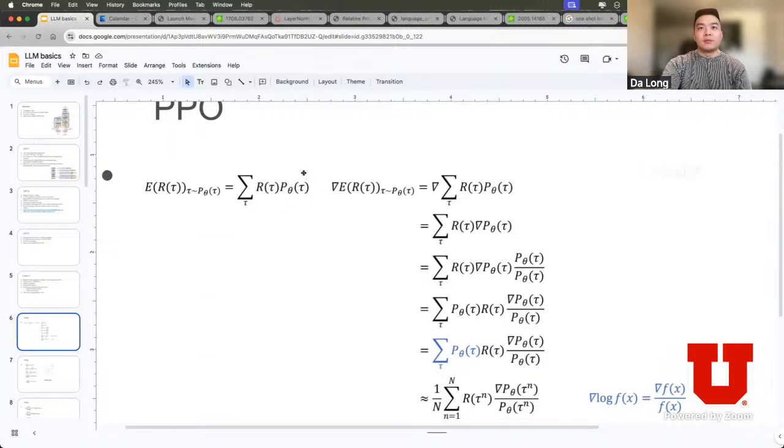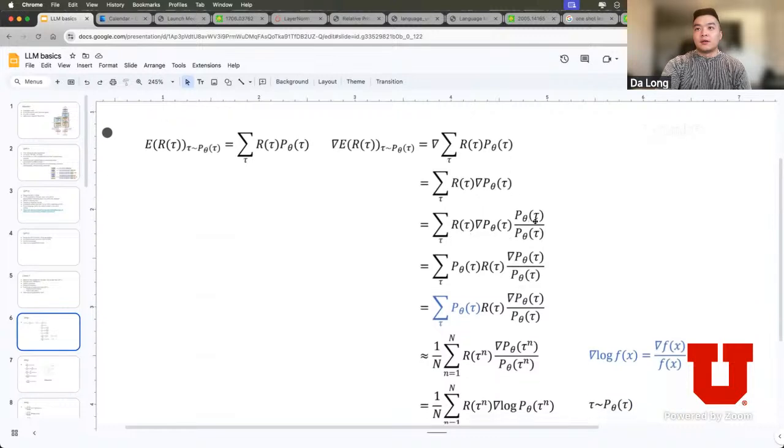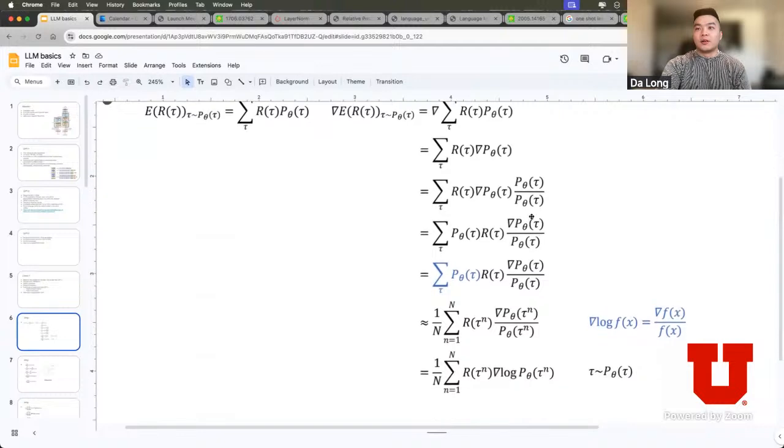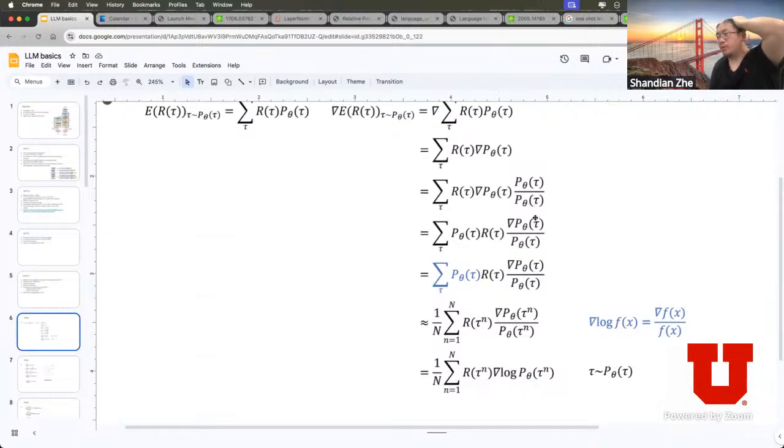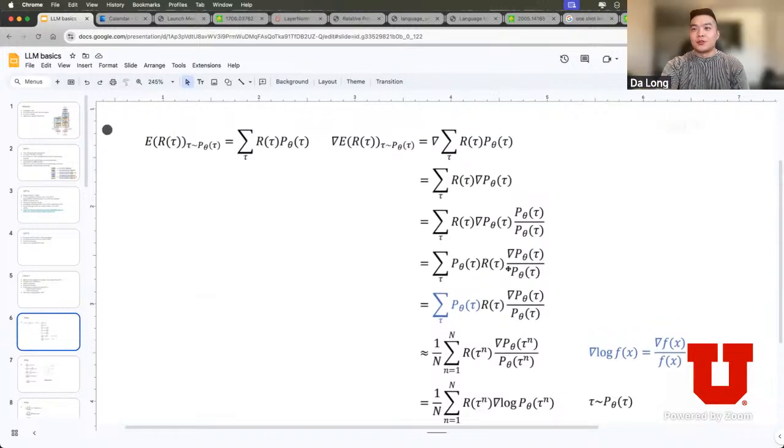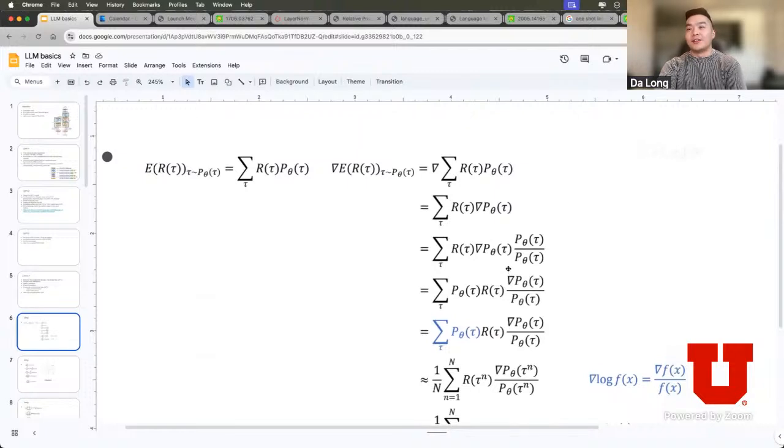You want to maximize this objective, so you need to get the gradient. If we use gradient descent to optimize the parameters, you take the gradient, this one is a constant, and then you just need to take the gradient over the policy. This is the policy gradient. Why is it called PPO? I'm introducing PPO starting from the policy gradient.